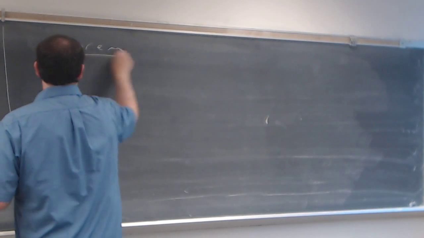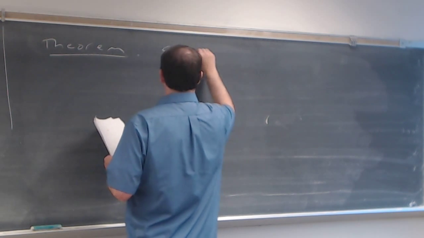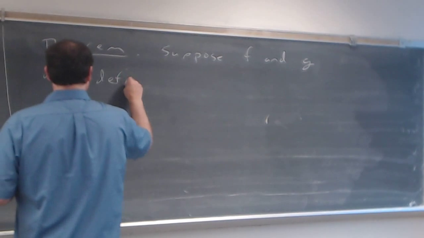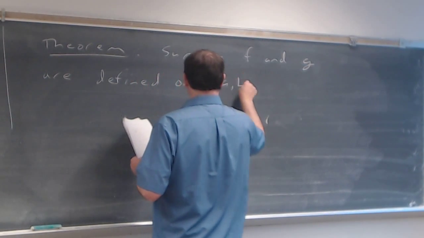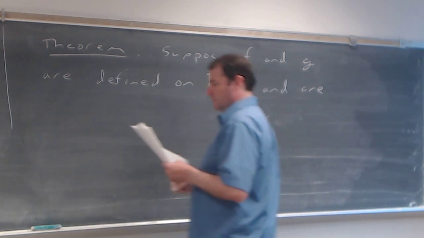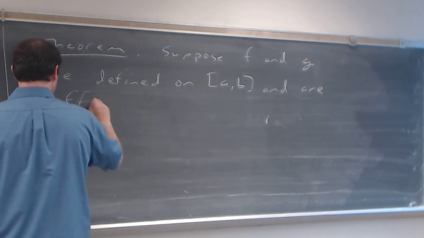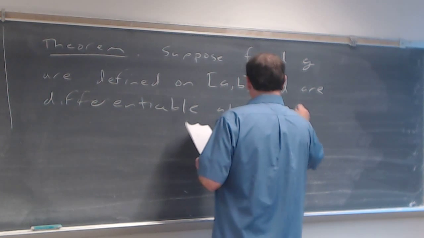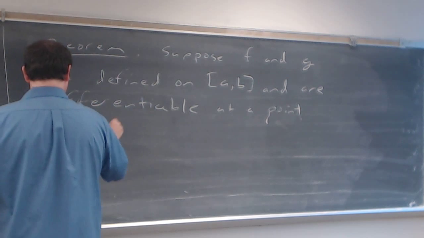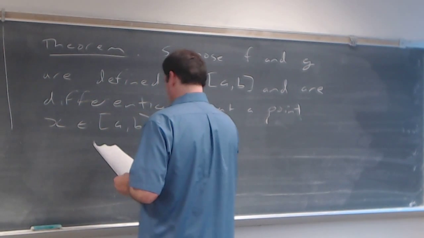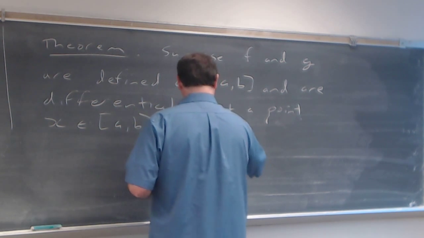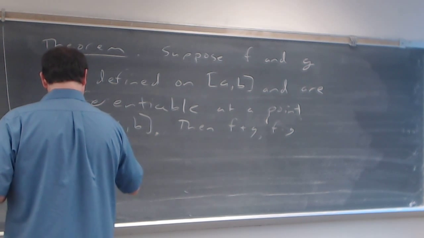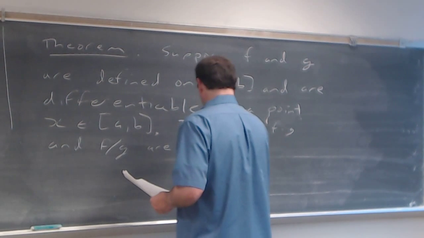Here is a theorem we'd also like to look at. It says, suppose f and g are defined on (a, b) and are differentiable at a point x, which is an element of (a, b), then f plus g, f times g, and f divided by g are differentiable at x.